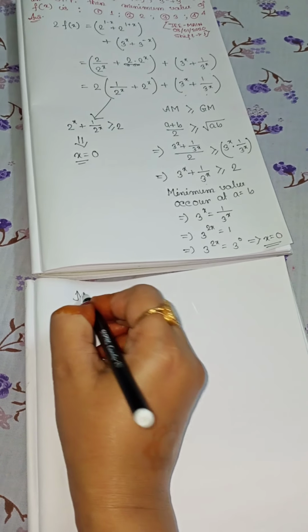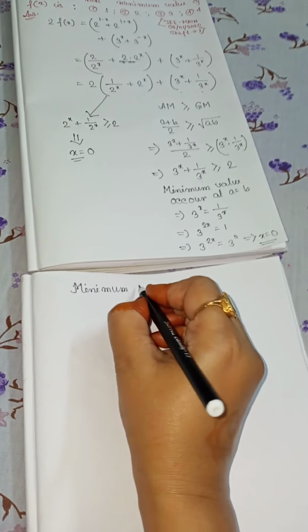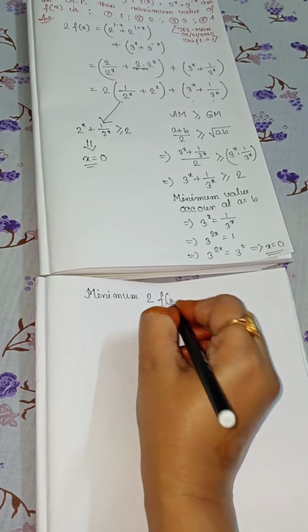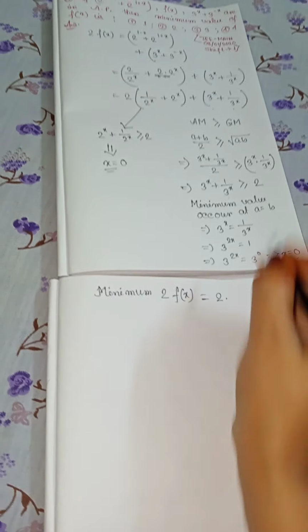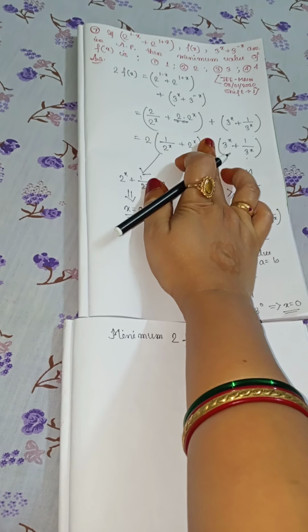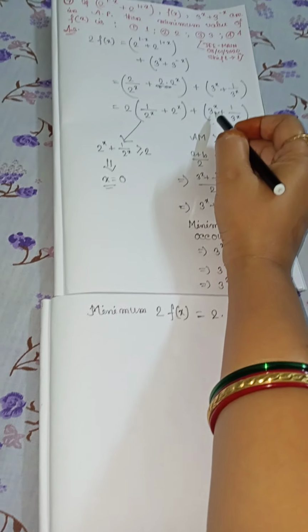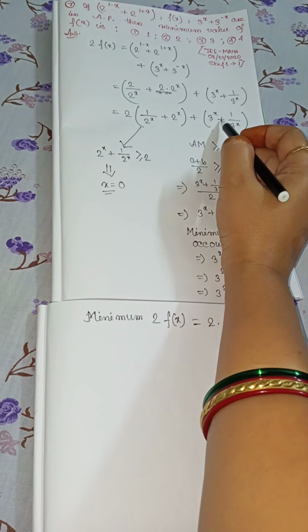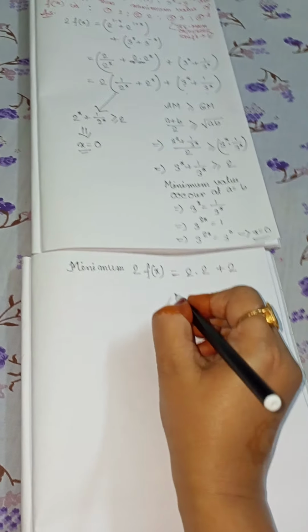So finally, for the minimum value, 2 into f(x) is equal to 2 into (1 by 2^0, which means 1, plus 2^0, which means 1, so 1 plus 1 equals 2), so 2 into 2, plus 3^0 means 1 and 1 by 3^0 means 1, 1 plus 1 is also 2, so this is 2.